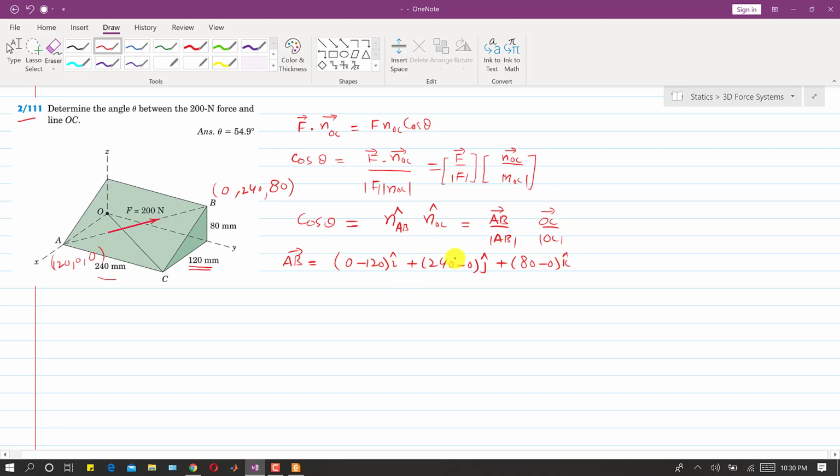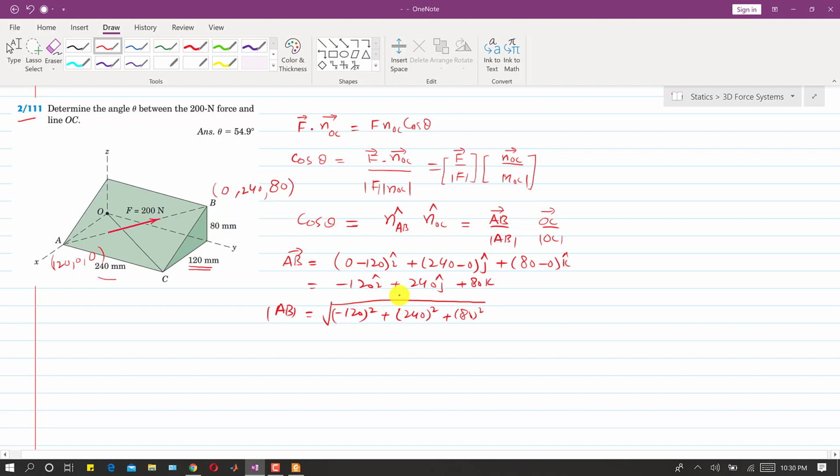So the AB vector is minus 120 i plus 240 j plus 80 k, and the AB magnitude is the square root of minus 120 squared plus 240 squared plus 80 squared.